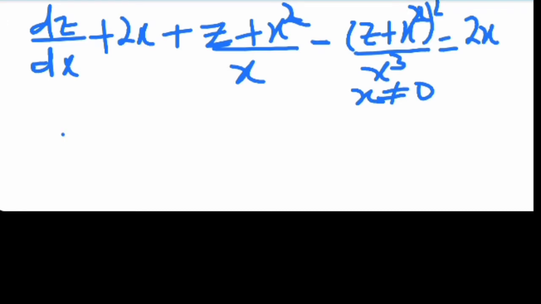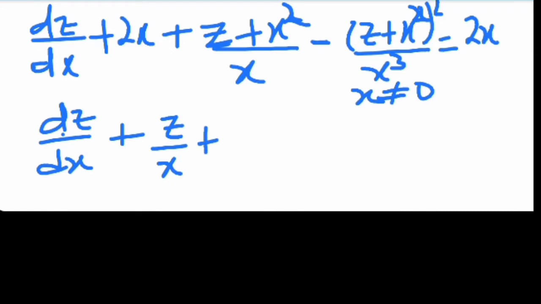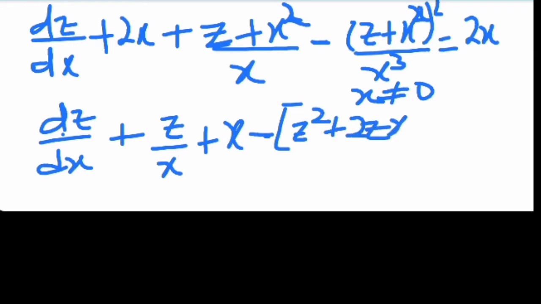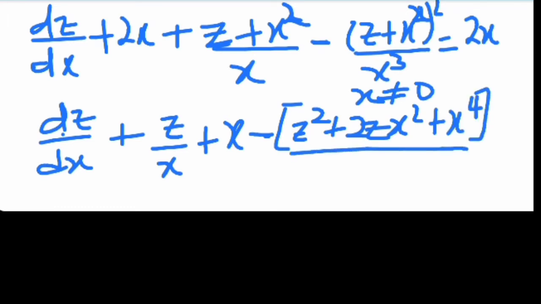We have dz by dx plus, you see I've removed this now, z over x plus, this will cancel out, just x, minus, I'm going to open that out and have z squared plus 2zx squared plus x raised to power 4 all over x cubed. This is going to give me 0. I subtracted 2x from both sides.